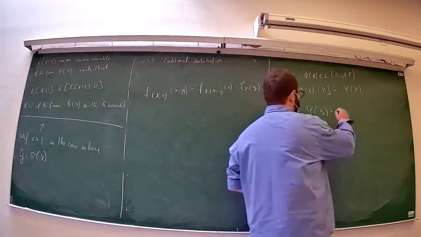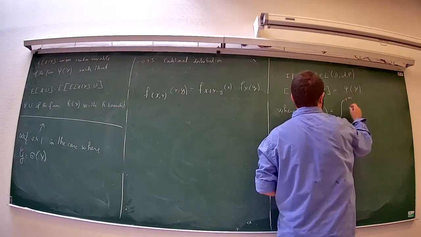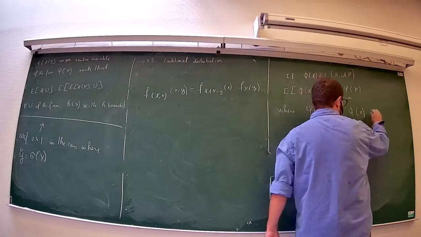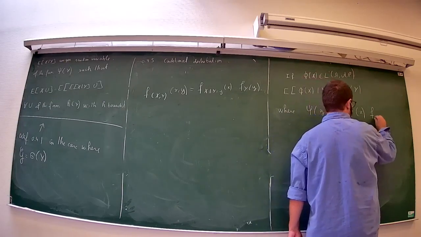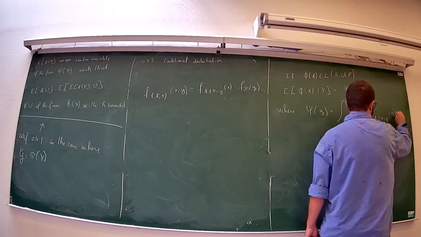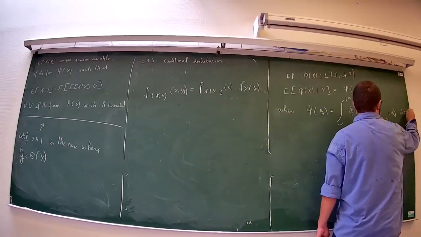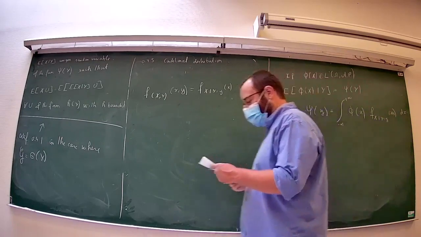It is the integral from minus infinity to plus infinity of phi of x times the conditional density function of x given Y equal to small y, dx.